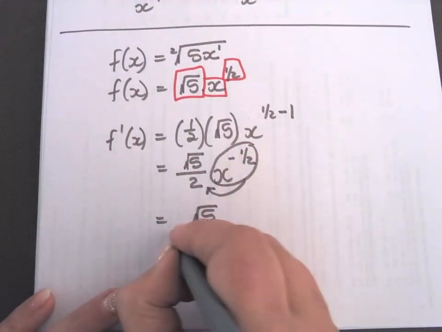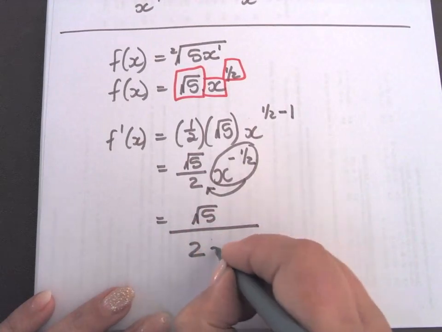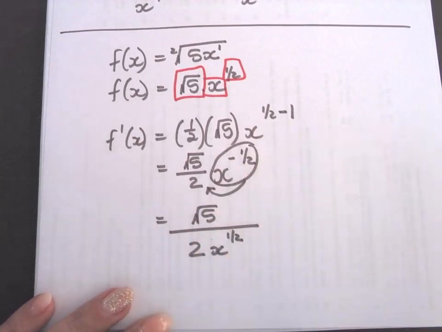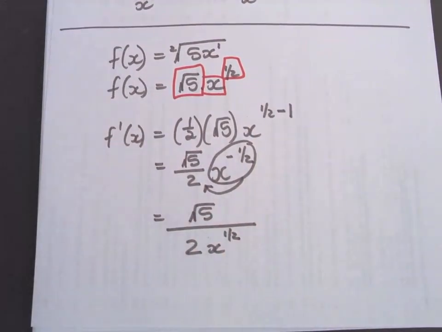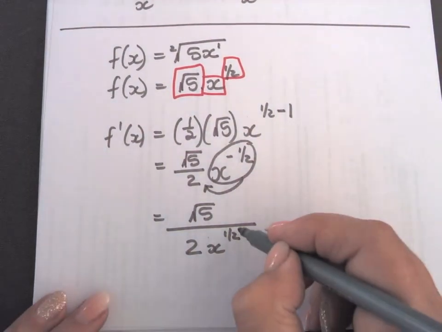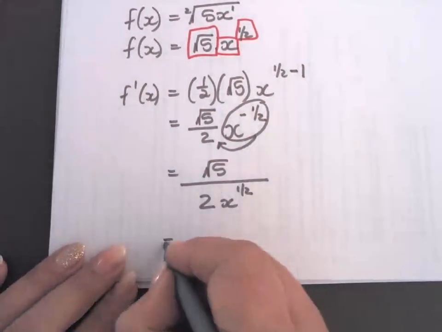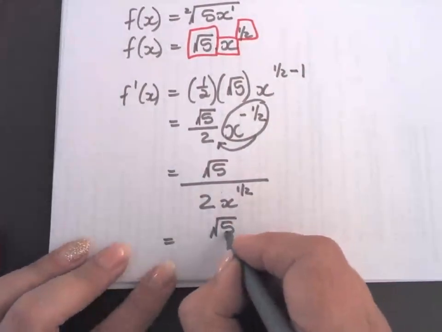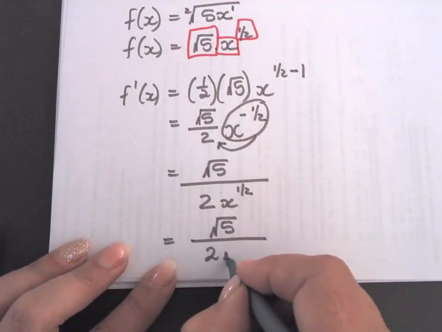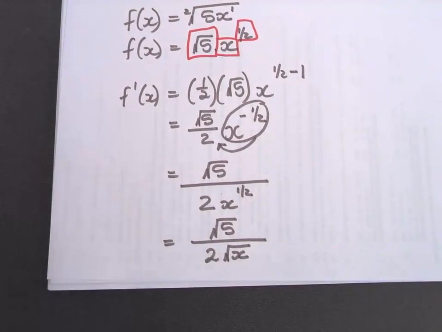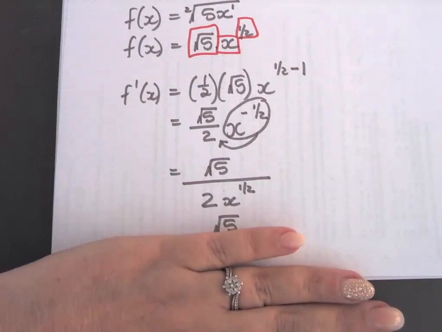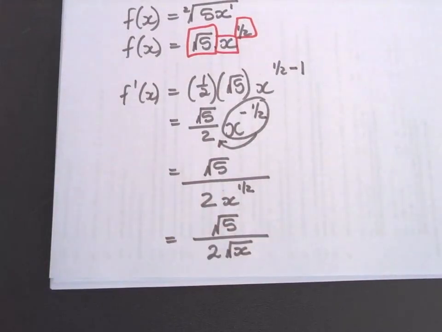Square root 5 over 2x to the power of half. And you can go further. You can say this is square root x. You need to go a step further to get a half and a half x. You can leave it on.